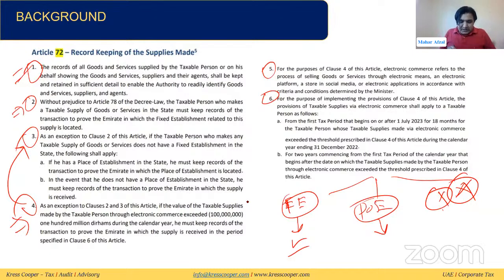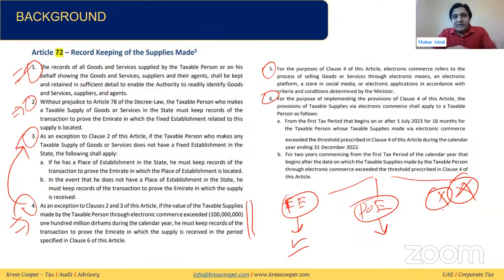So this is the exception. If the supply is made through an e-commerce platform and the value exceeds 100 million in the calendar year, then we need to report the supplies in the Emirates in which these goods and services are being received.